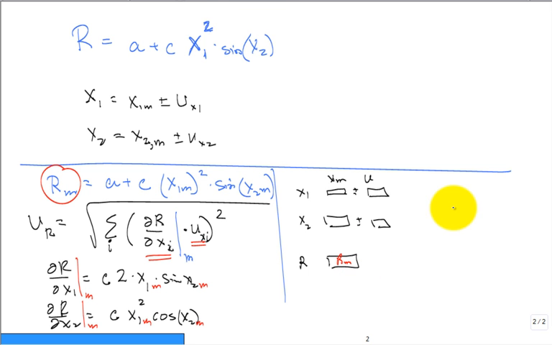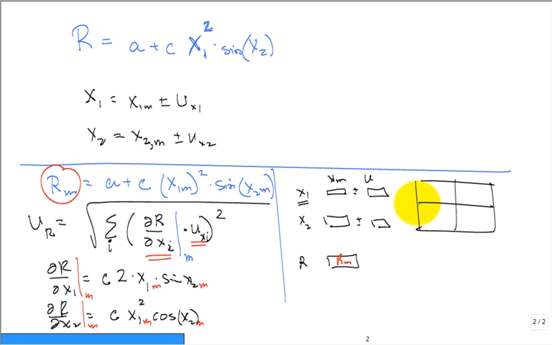Okay, then you come over here and you're going to have only a 2 by 2. If you had 3 inputs, you would have a perturbation matrix of 3 by 3. And so what is the value of x1 in this 1, 1 part of the matrix? Maybe I should throw some numbers here.